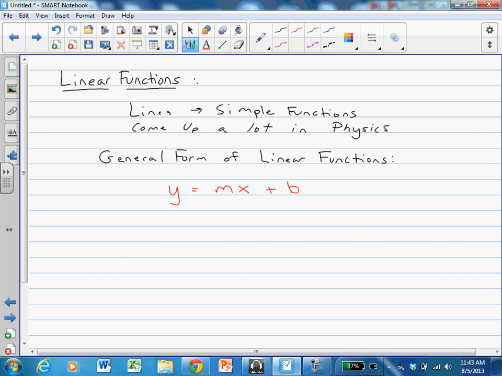So what is m? Well, m here is the slope. Y and x are variables, but b is the y-intercept, where our function, our line, crosses the y-axis.